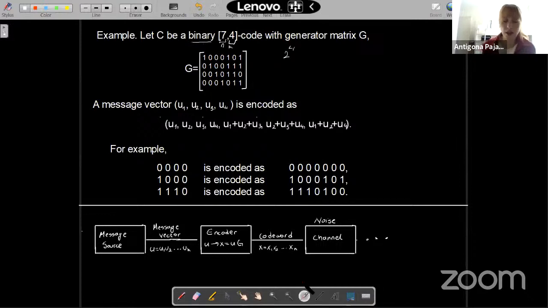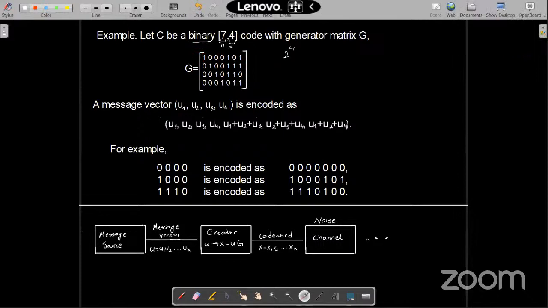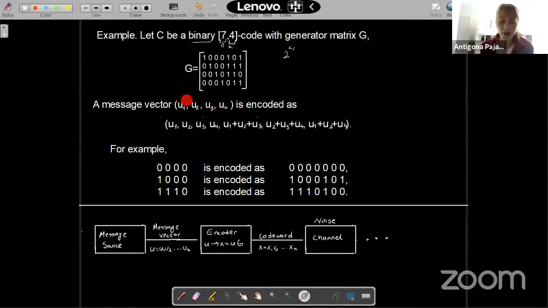But here I don't have to write all the code, because I have the generator matrix. If this is a message vector, then when I multiply this message vector with our G, I will get this vector here.